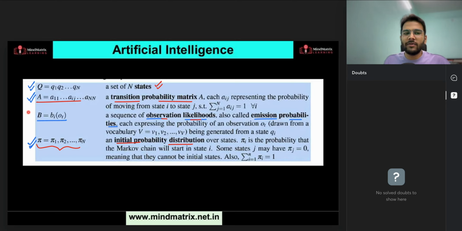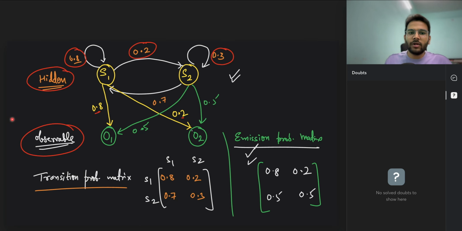But now we are talking about this one as well. This is the sequence of observation likelihoods. We also call it the emission probability matrix. In this case, I have clearly shown you that these two states are observable states, and this is your emission probability matrix. Any doubt, anyone so far?